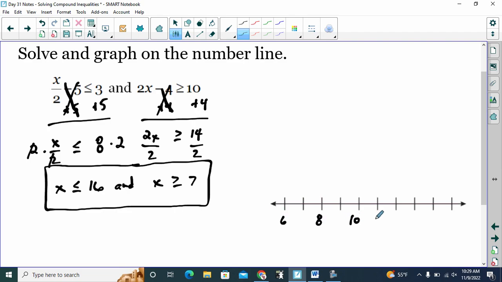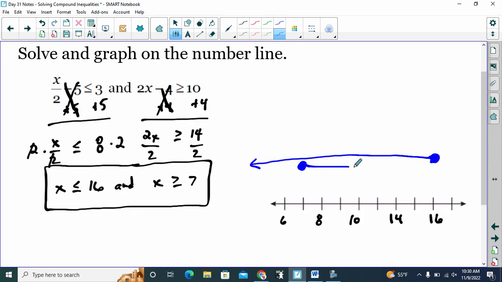Now we need to graph our solution. For an and, we need both of these things to be true. So up above, we graph each one individually, and then take a look at where both of them are true, where the overlap of the two is. I need x to be less than or equal to 16. Less than or equal to 16 would look like that. x also needs to be greater than or equal to 7.